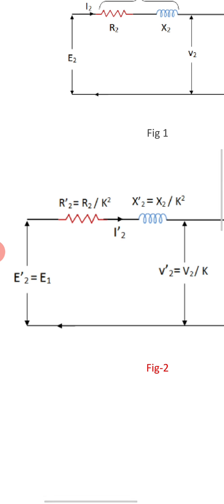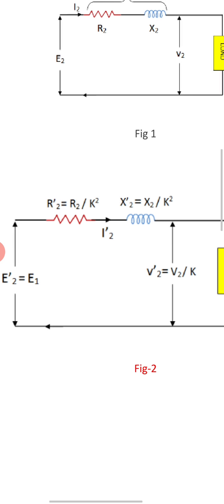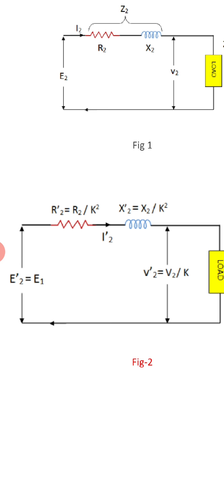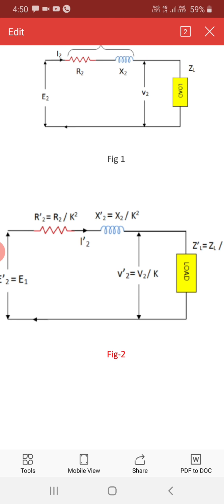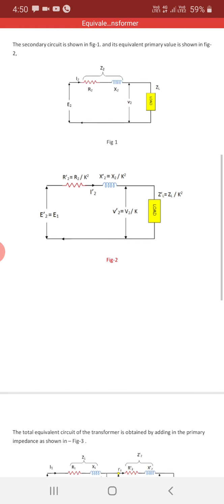So for its resistance, R2 dash will be the equivalent resistance when it is transferred to the primary winding. X2 dash will be the reactance when it is transferred to the primary winding, and all other values also.